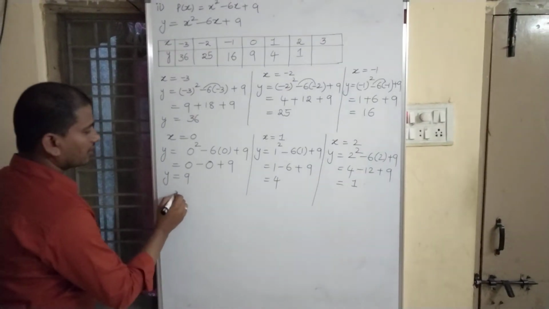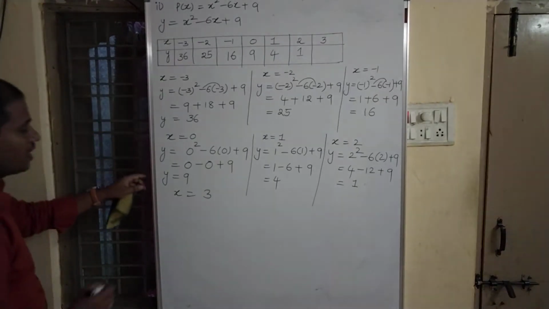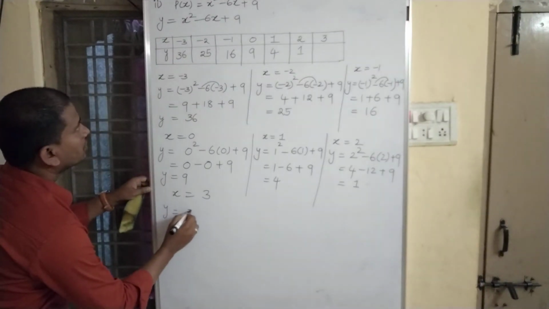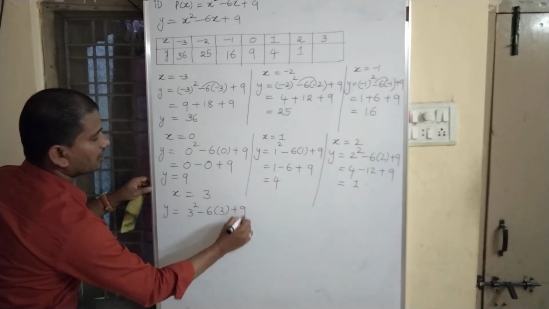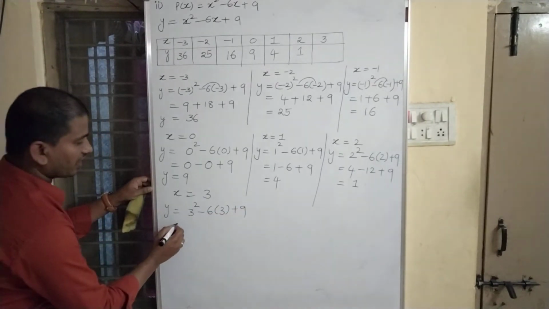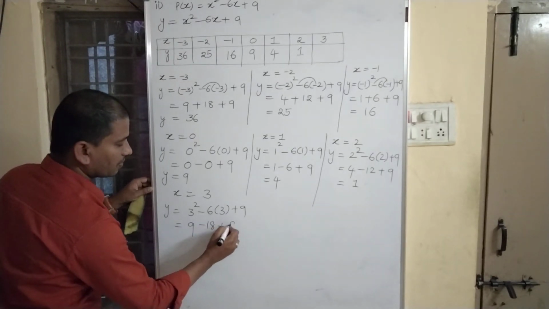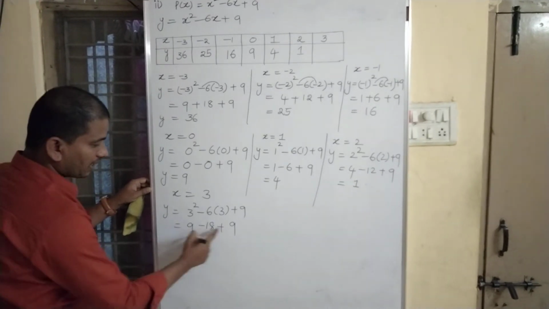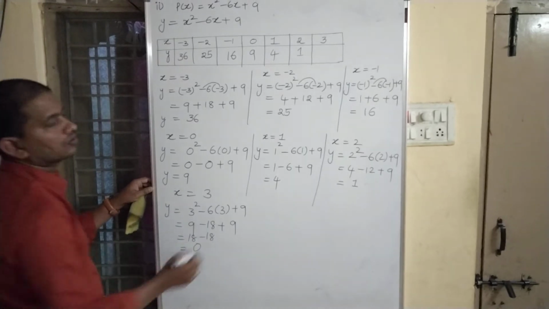Now let us take x equal to 3. What is the value of y? y equal to 3 square minus 6 into 3 plus 9. 3 square 9, minus 6 3s are 18, plus 9. 9 plus 9, 18, minus 18. 18 minus 18, 0.